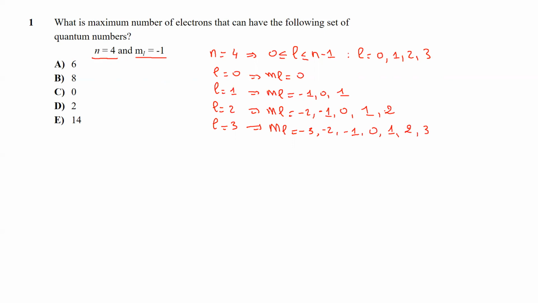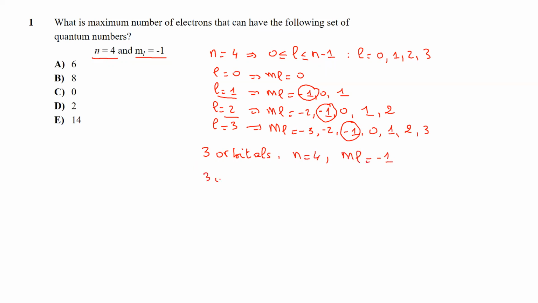Okay, so for n equal 4, we have ml equal -1 when L equals 1. We have ml equal -1 when L equals 2, and ml can be equal to -1 also when L equals 3. So we have three orbitals that can have the set n equal 4 and ml equal -1.